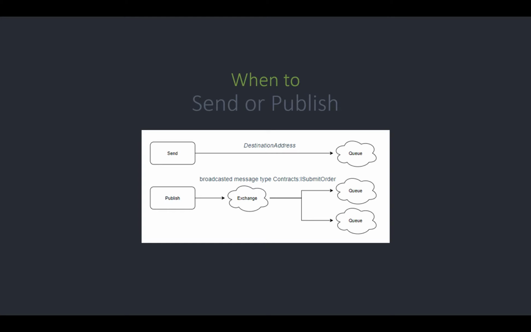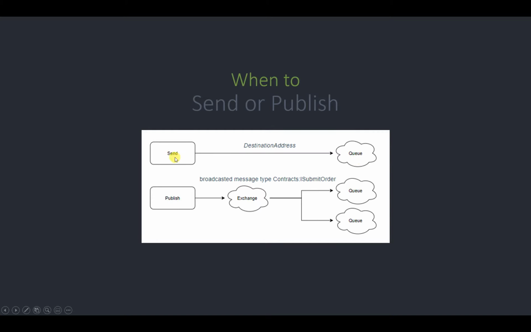And that's the way it's been talked about within the documentation so far. However, when I look at the difference between send and publish, I feel it's just down to how we want to use contracts, how we want to use the queues, how we want to use the destination address, which at the end of the day is the queues directly.